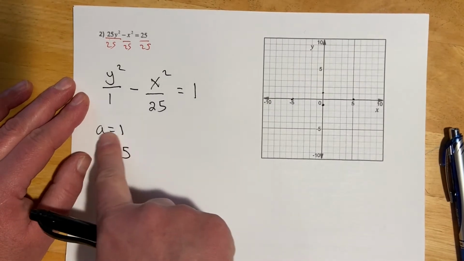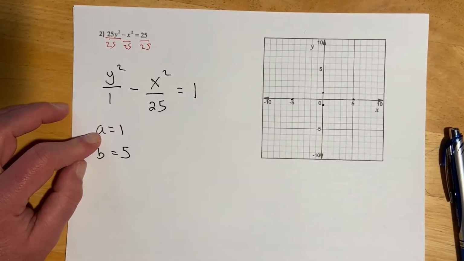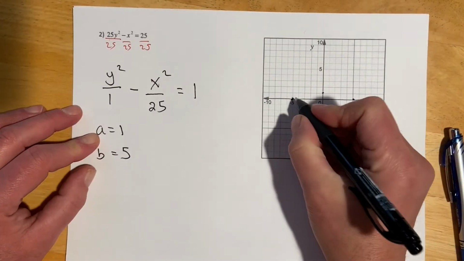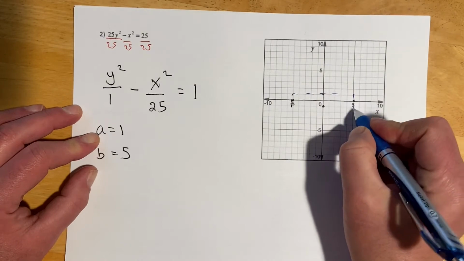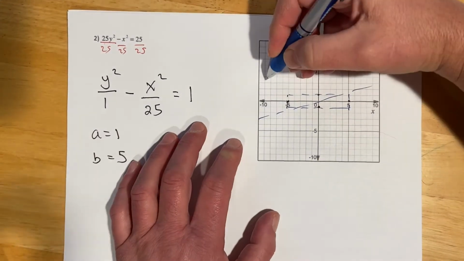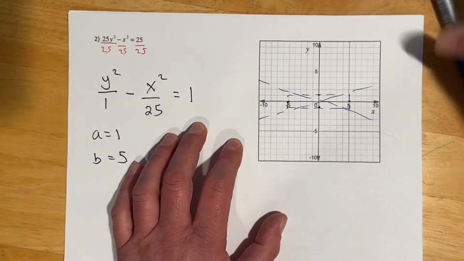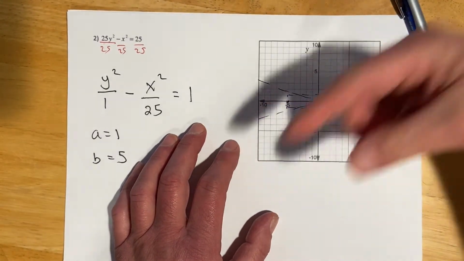And then again, the way that I knew which way A was running, which way B was running, A is center to the vertex. And so in this case, let me change colors. The hyperbola is going to open up and down.